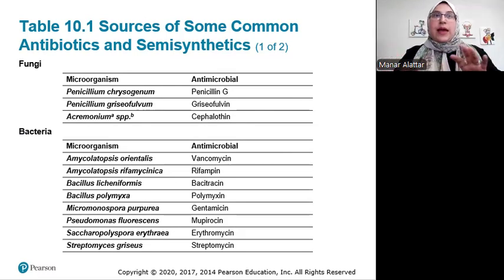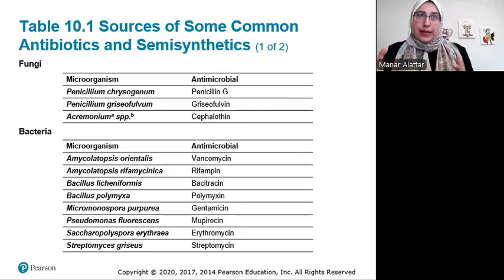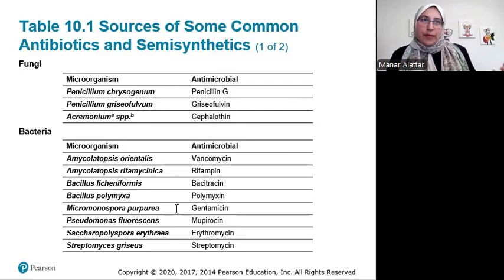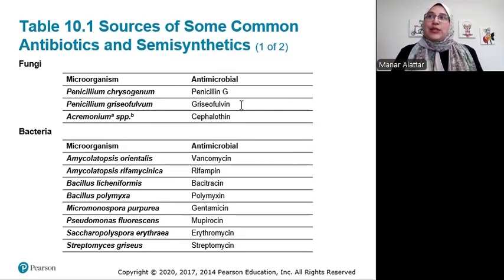Then we can go into the lab and add various components to them or synthesize similar chemicals. But we're learning from fungal organisms, bacterial organisms, and organisms in the environment that are producing these chemicals. Okay. And so let's talk more about some of these. You see penicillin, vancomycin, rifampin.